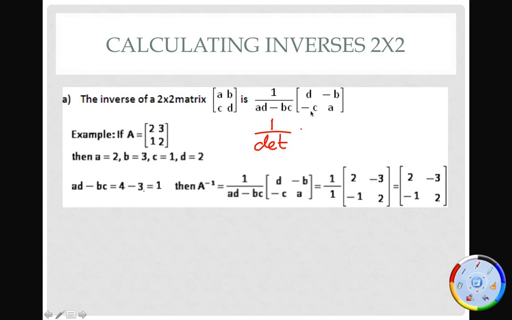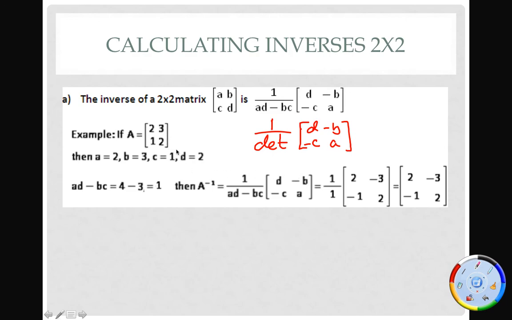So that's basically what we're doing: we're swapping A and D, and we're making the other two opposites, not negatives, because you're making the opposites.